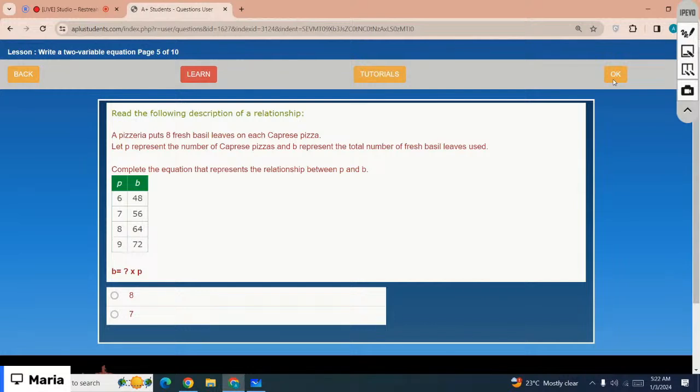That is 8 times 6 is 48, 7 times 8 is 56. So, the correct option is 8. The correct option is 8.